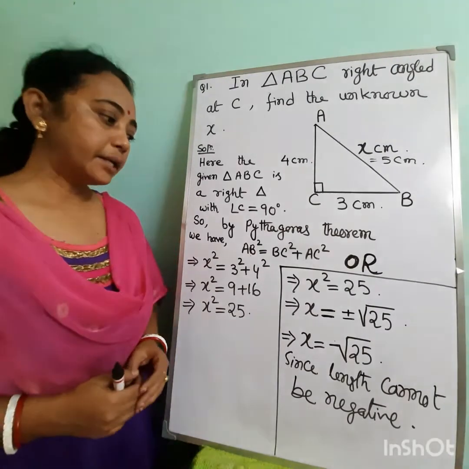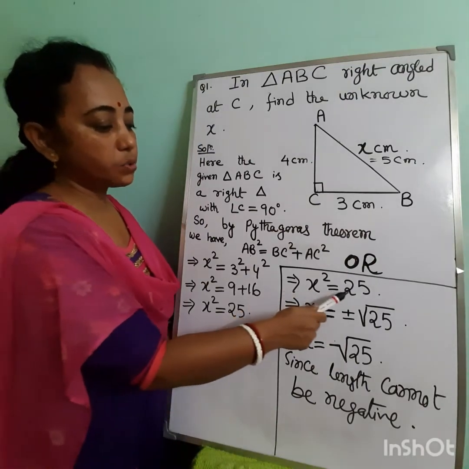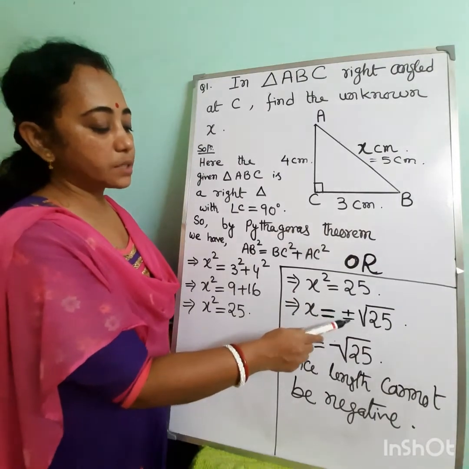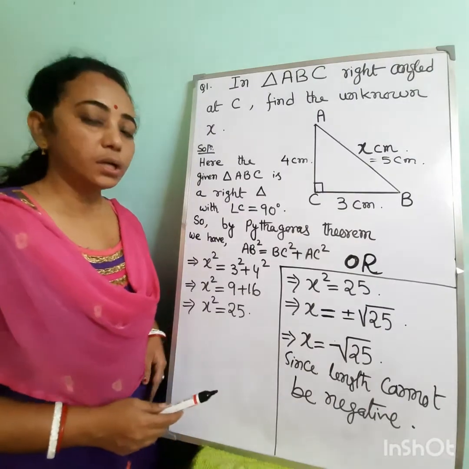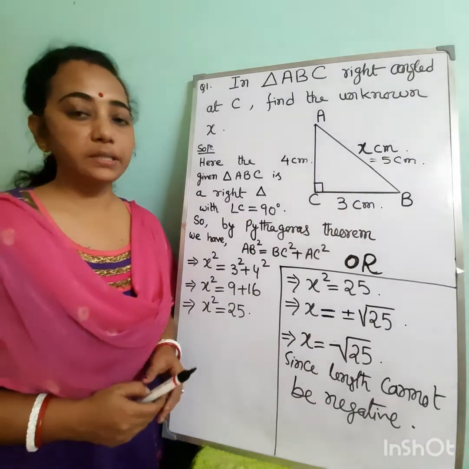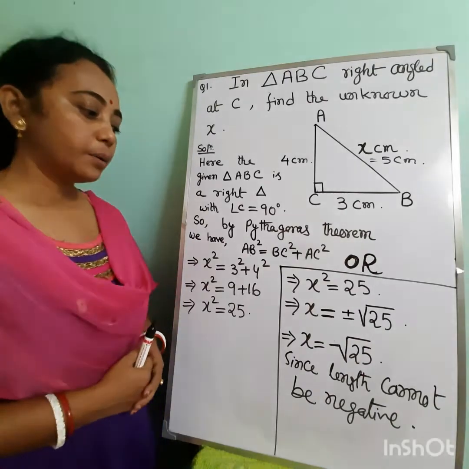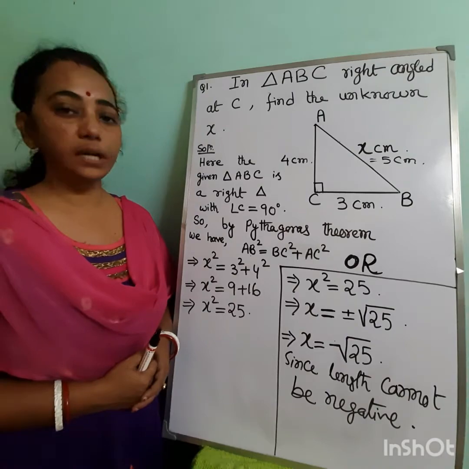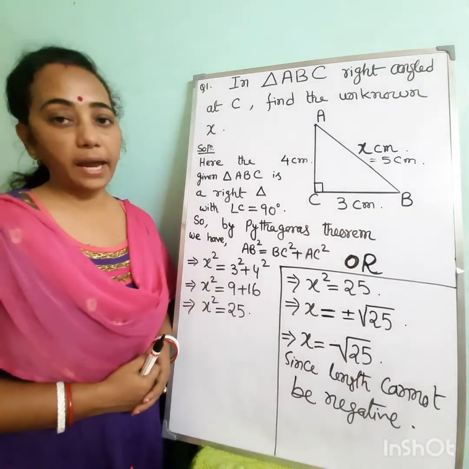Now alternatively, we can also find the value of x as x square is equal to 25. So this implies x is equal to plus minus under root 25. This is the symbol of square root. Now finding the square root is the inverse operation of finding the square. But as we are finding the value of x, which denotes the length of the side of a triangle, length cannot be negative.